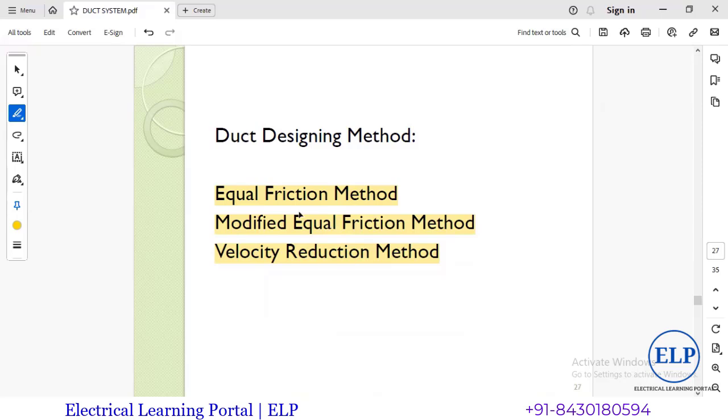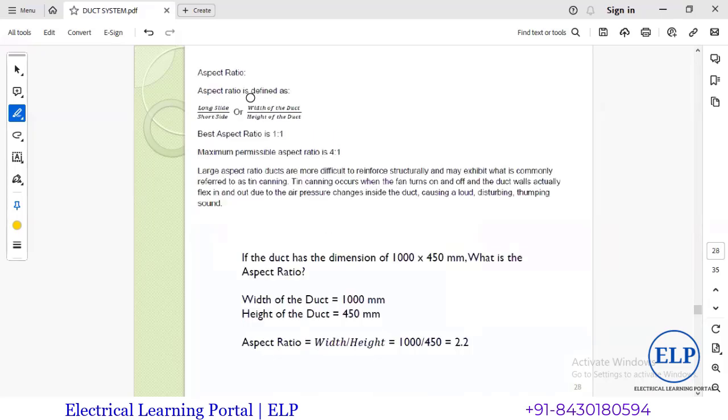These are the 3 designing methods, and the most popular is the equal friction method. In our example, we will follow all 3 methods and do the duct designing. After that, we come to the aspect ratio.